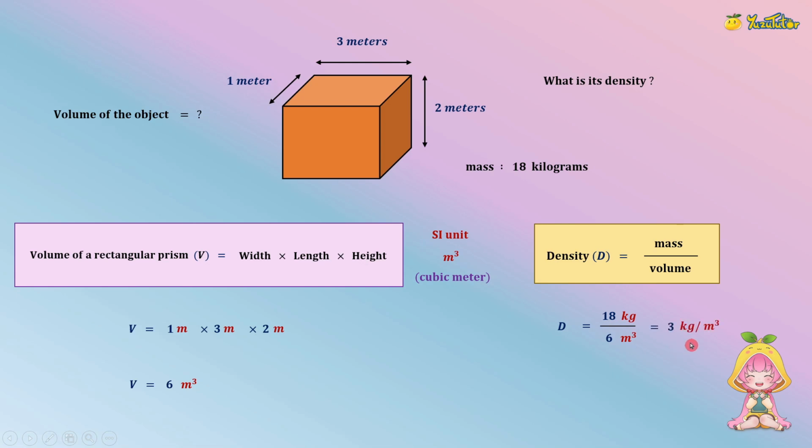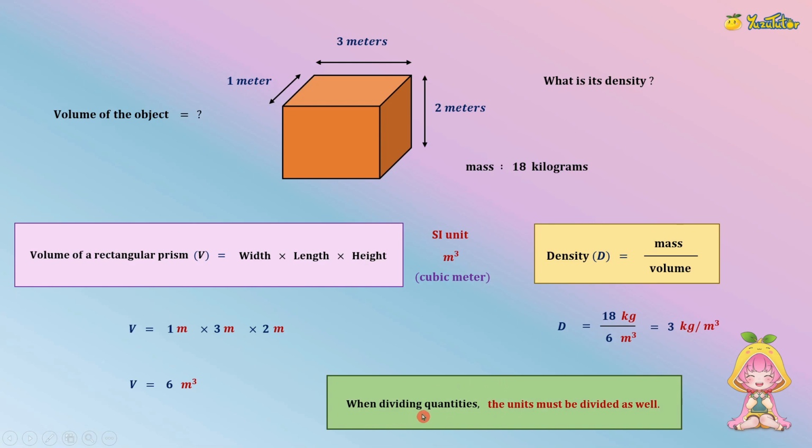And its unit is kilogram per cubic meter. So, when dividing quantities, the units must be divided as well. And in conclusion, the SI unit of density is kilogram per cubic meter.